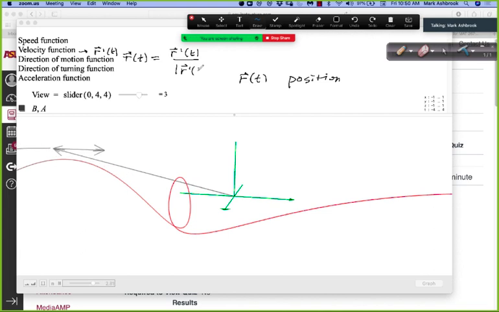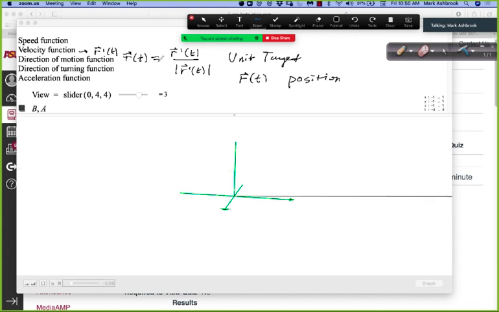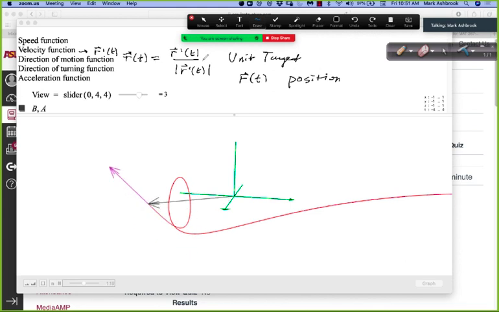So this is called the unit tangent vector. It has the exact same direction as the velocity function, but it's a unit vector, right? So it's pointing in the direction of the curve or the direction of motion, but we don't care about the speed anymore.